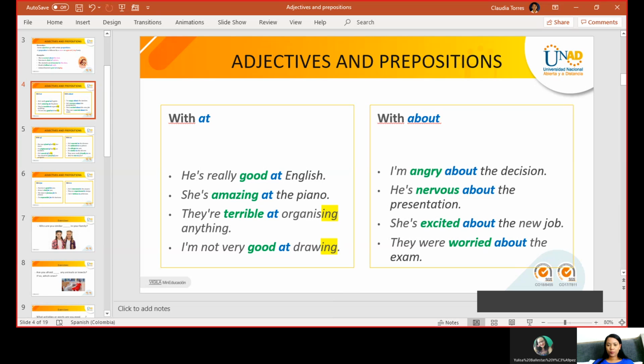Okay, so now I need you to do two more with about. I need you to write two more sentences using an adjective followed by about.